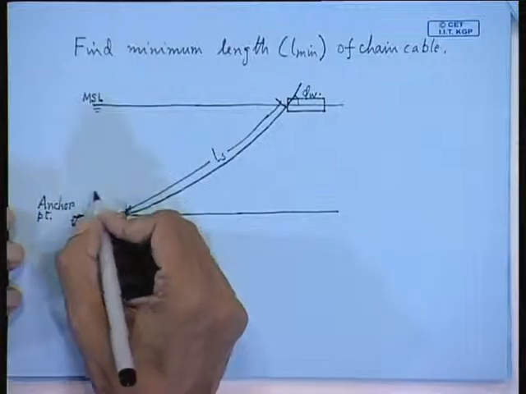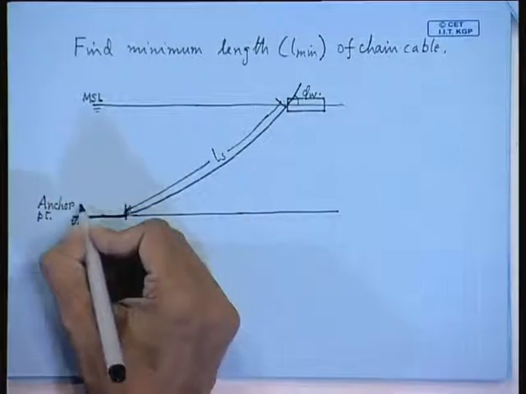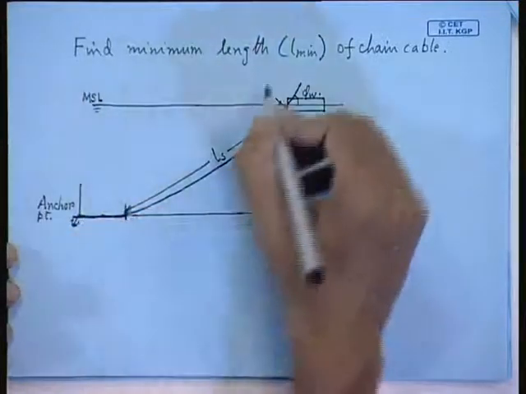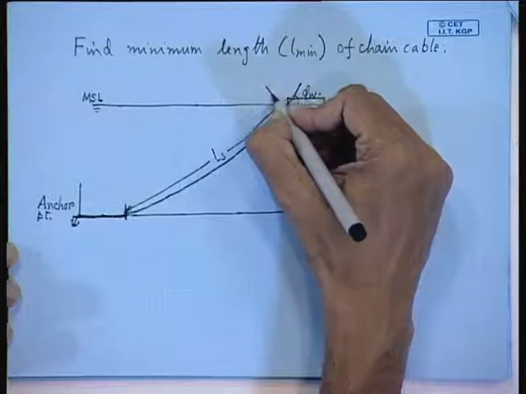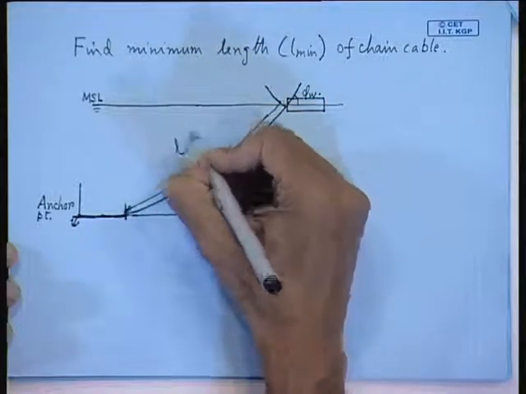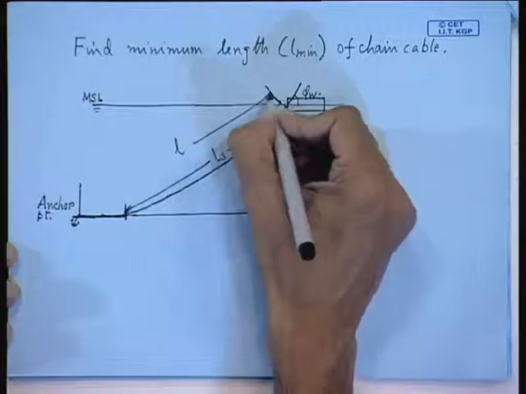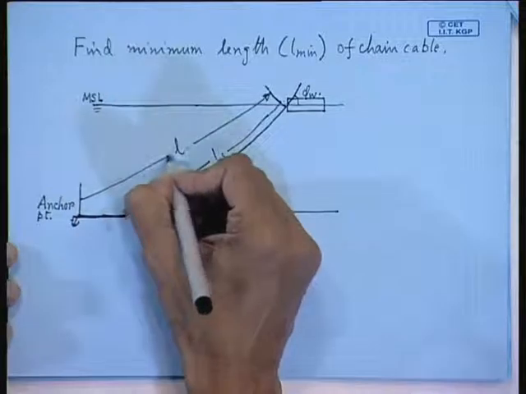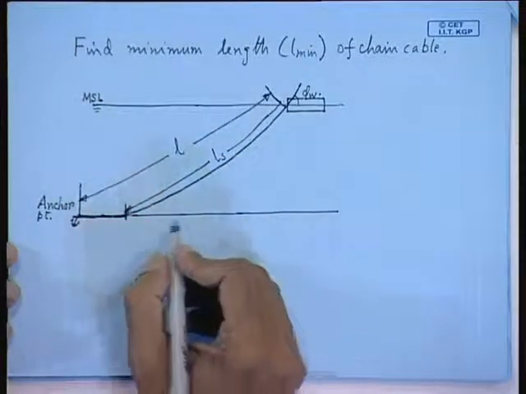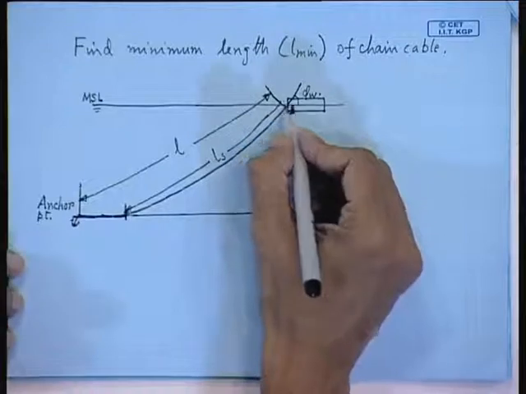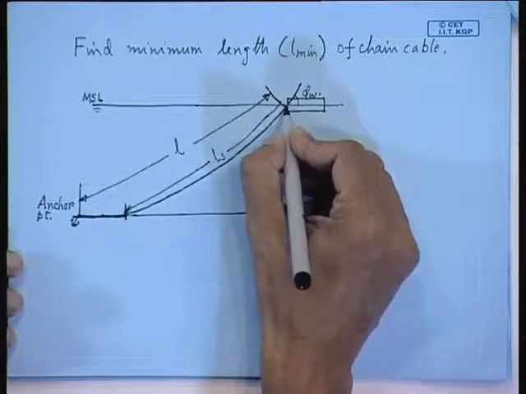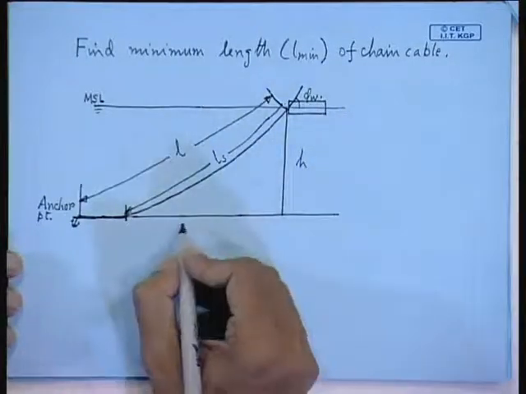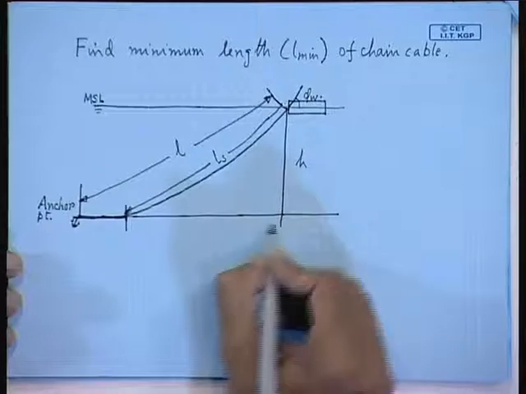Now what is your L? If this be the length of LS, then what is your L? So this distance is your L. Now you take the horizontal and vertical distances, so your depth of water is h. You give the proper sign also. So here, this one is x.